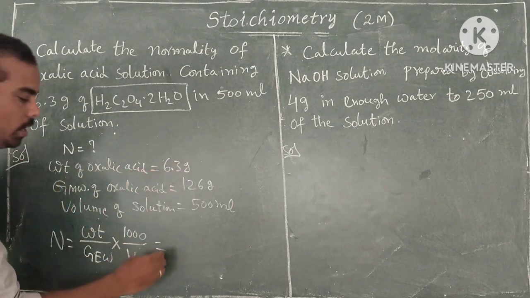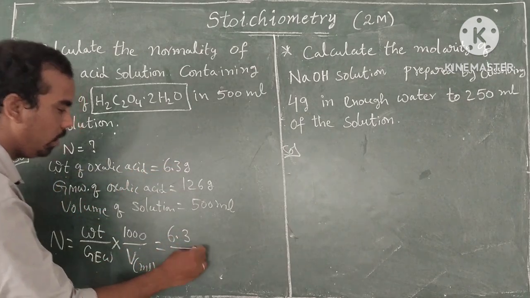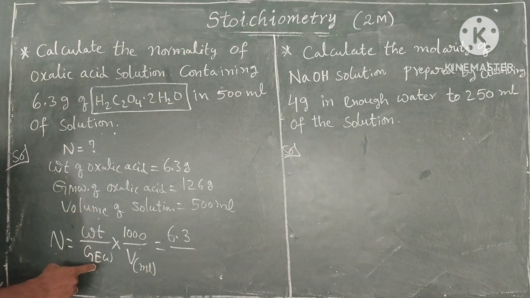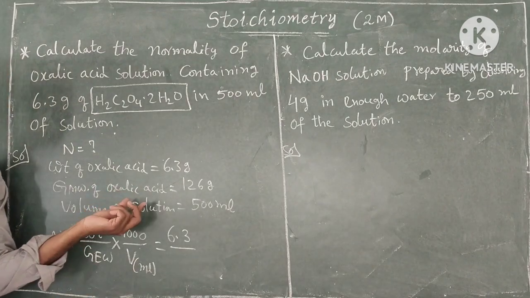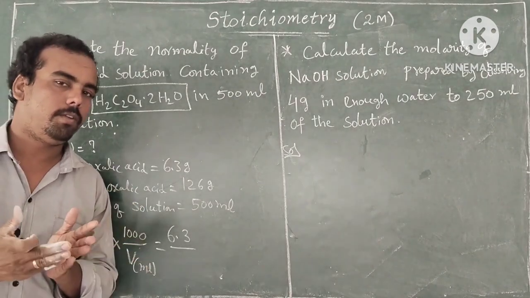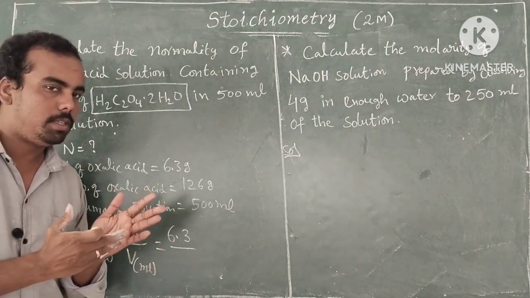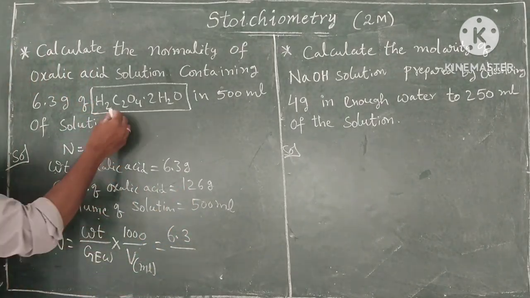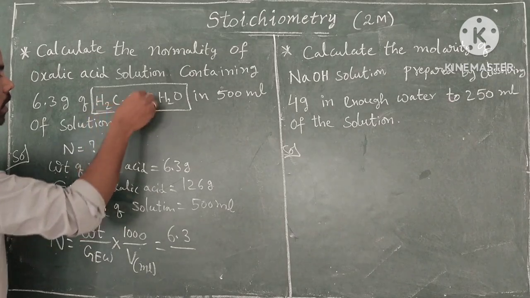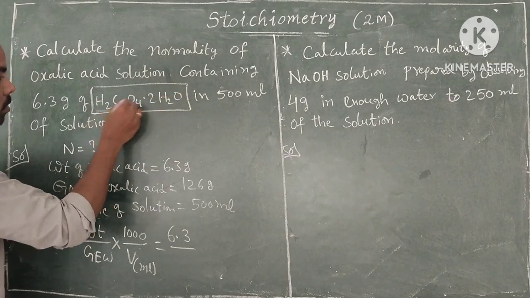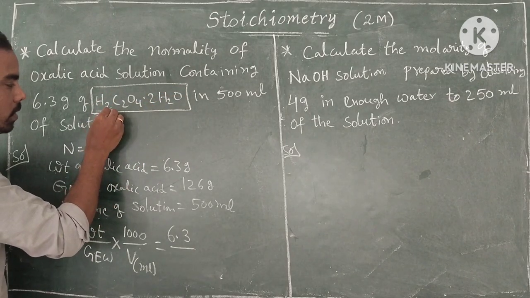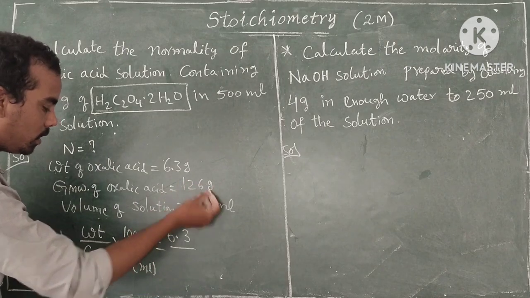What is the gram equivalent weight? Since it is an acid, gram equivalent weight is equal to gram molecular weight by basicity. Basicity means the number of replaceable H plus ions. In H2C2O4, the number of replaceable H plus ions is 2. So that means 126 by 2.